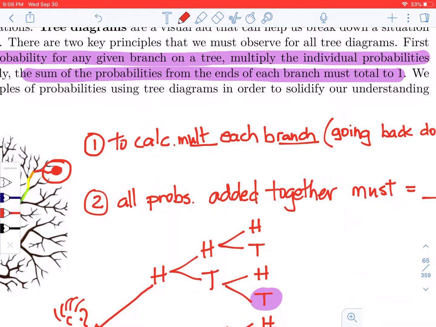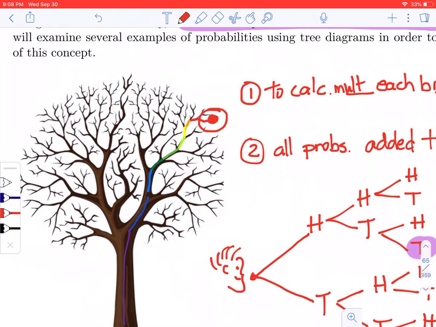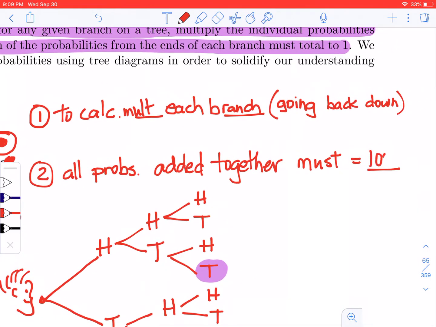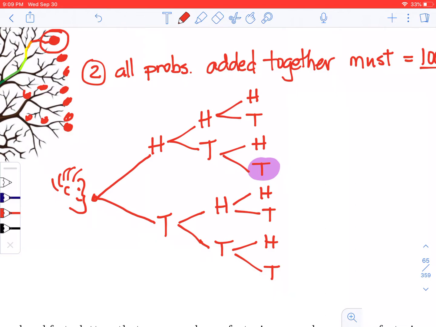Finally, to verify that you've done a proper probability, take each of these leaves that you've ended up at, which is each representing a probability, add all these different leaves up, and you should get the magic 100%, aka 1.